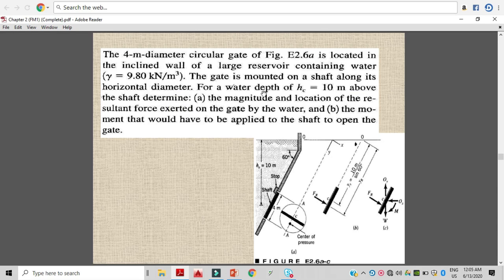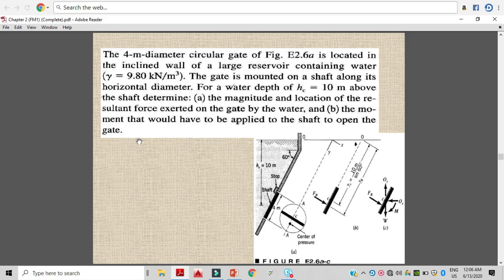For a water depth of HC from the centroid equal to 10 meter above the shaft, determine (a) the magnitude and location of the resultant force exerted on the gate by the water, and (b) the moment that would have to be applied to the shaft to open the gate.